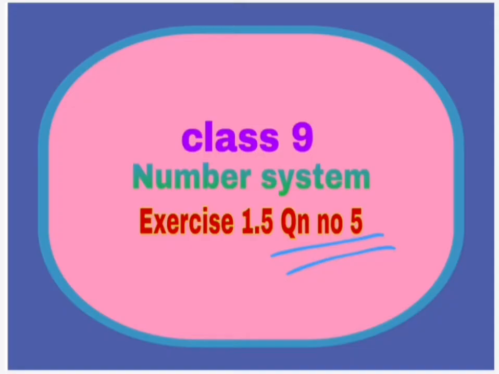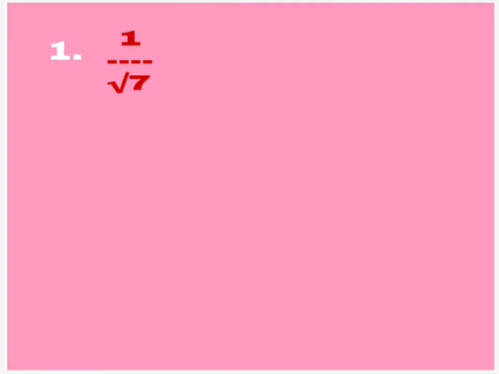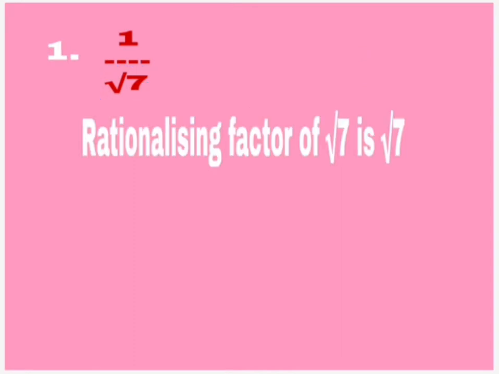Now let us move on to the exercise question. The first question is 1 by root 7. In the denominator you have root 7, right? So root 7 is a monomial. Whenever you get a monomial, you will consider that same term as your RF factor for the multiplication. The rationalizing factor of root 7 is root 7 itself.